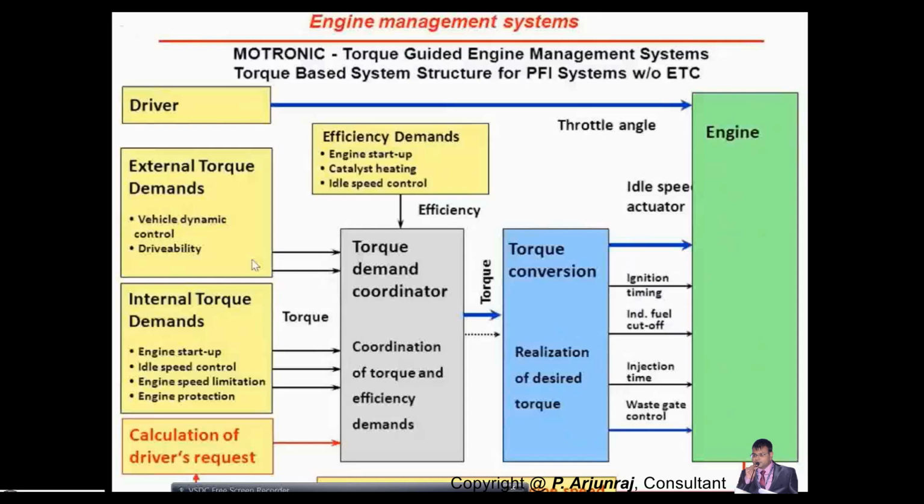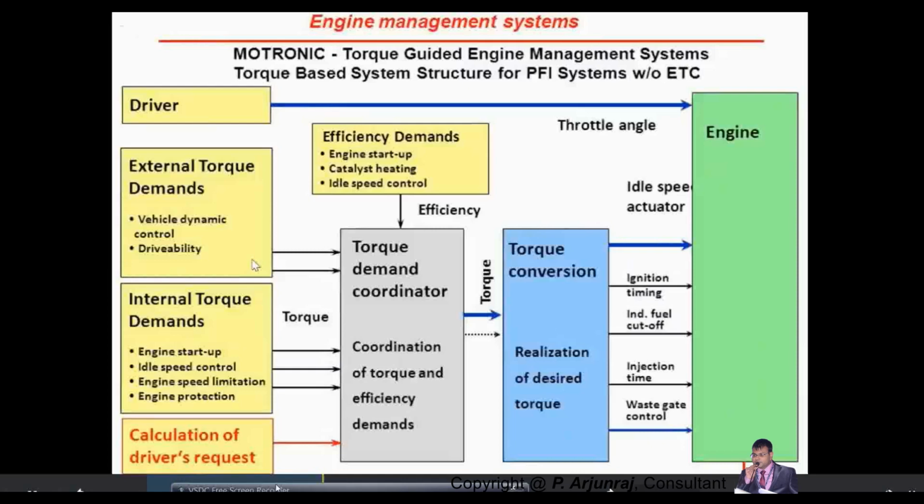At the same time, you get higher torque when the speed is lower, and when the speed is higher, you get lower torque. Again, you get higher torque at intermediate speed. Irrespective of that, torque is very essential for maintaining the power, and you need to control the torque. Accordingly, you can also control the power in your vehicle, in your engine.